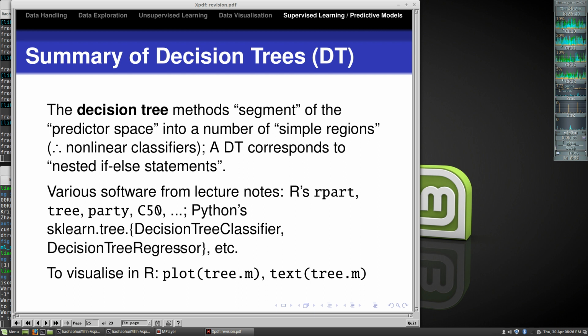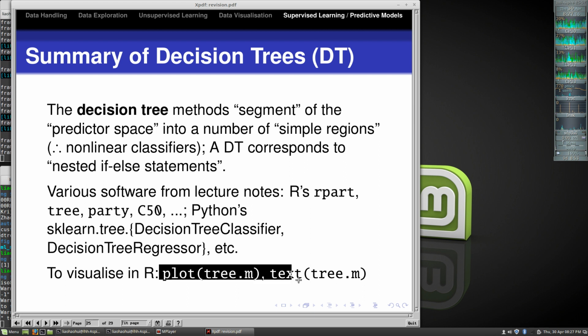Python also provides decision trees, but in Python we'll find that many models actually have the corresponding regression version of all the predictive models we more or less mentioned here. In R, I think it's true in Python as well.